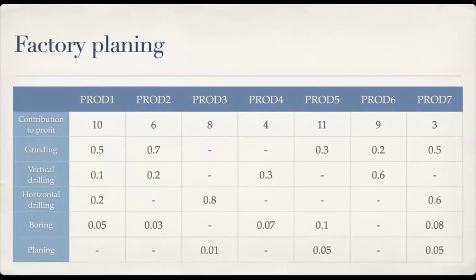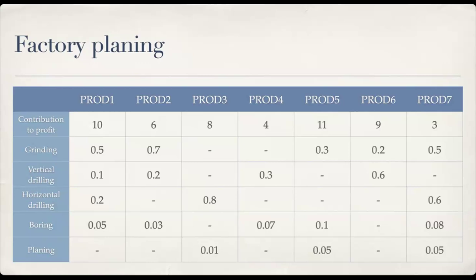For example, to produce product 1, you need 0.5 hour of grinder, 0.1 hour of vertical drill, 0.2 hour of horizontal drill, and 0.05 hour of borer.